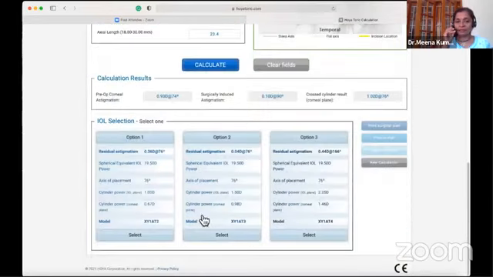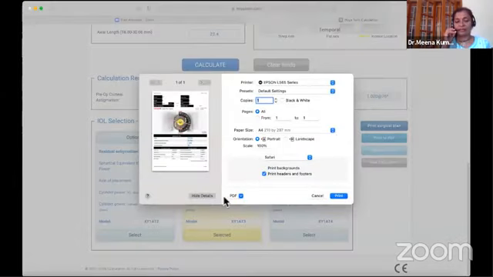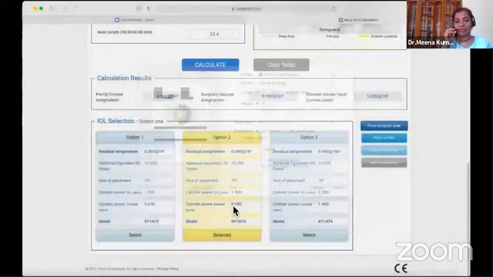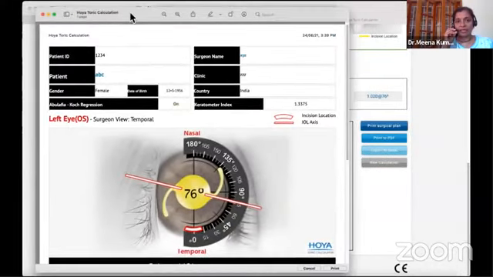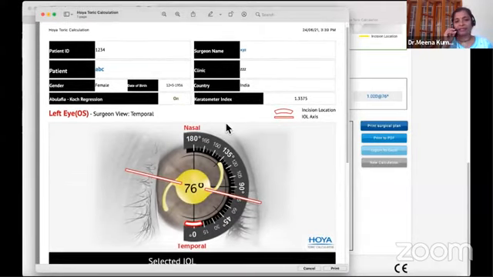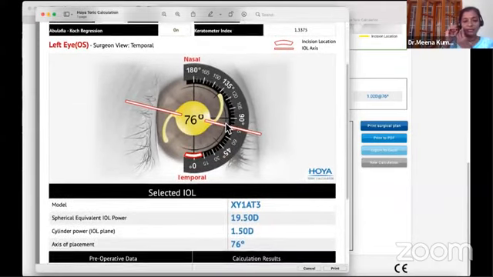And we come out with the 3 options depending on the residual error, post-operative residual astigmatism. And this option is also a beautiful aspect in this Hoya toric calculator. And then this comes out as a printout.